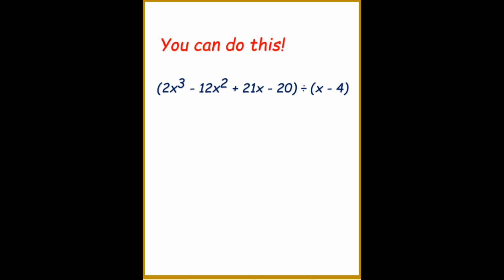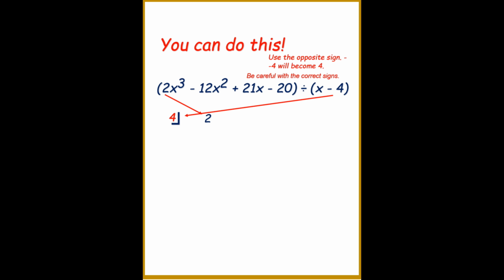Okay, let's see if you got it. So first the symbol. Then you write number 4. Why? Because it is the opposite sign. Be careful with the correct signs. Then we just bring down the numbers.